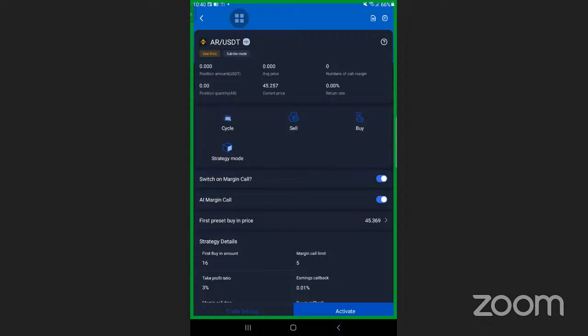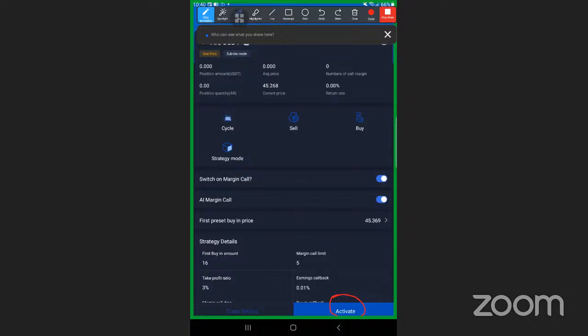Then when we click activate, it simply means the robot will be monitoring the current price to come to our preset price. But this one is wrong because it is higher than the current price. So our preset price should always be lower than the current price.